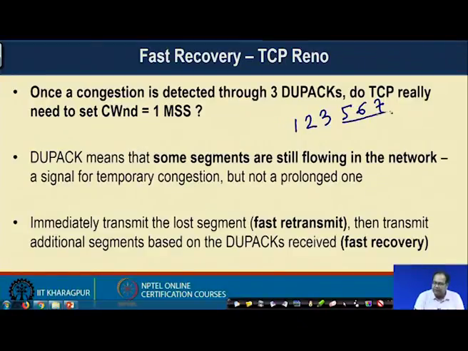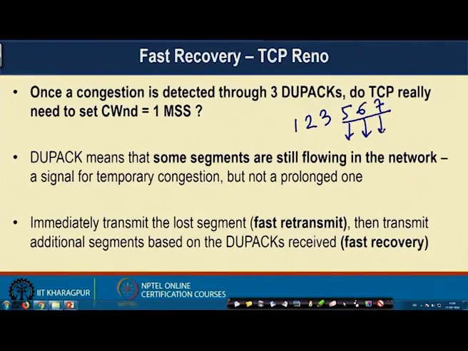When the receiver receives packets 5, 6 and 7, it sends back duplicate acknowledgements. So, you have possibly lost a packet, but it is not like the link is entirely choked; some packets are still flowing in the network. That is why the congestion is not that severe. So, you do not need to reduce the congestion window to 1 MSS and start slow start again.